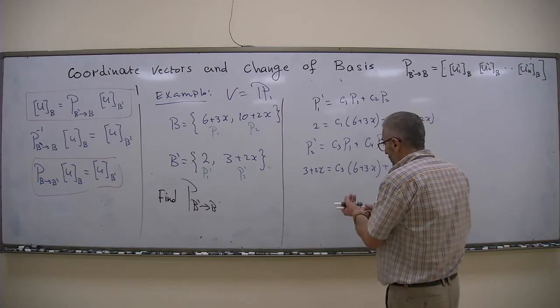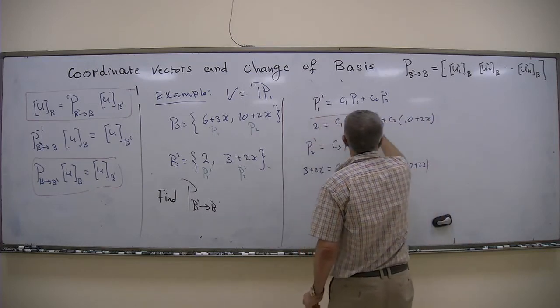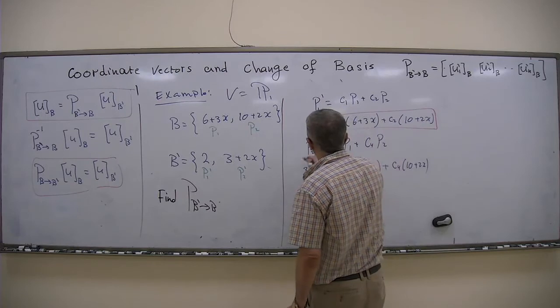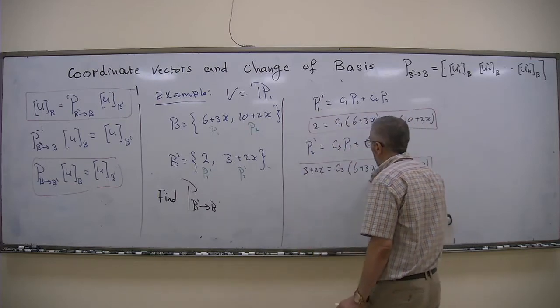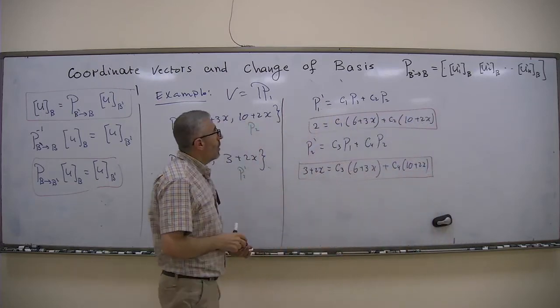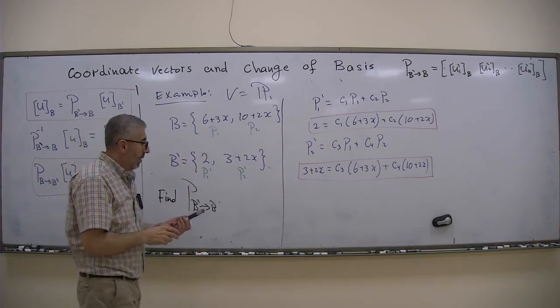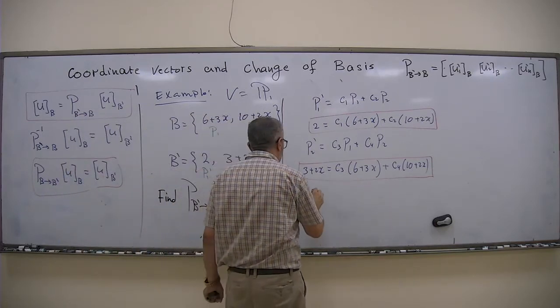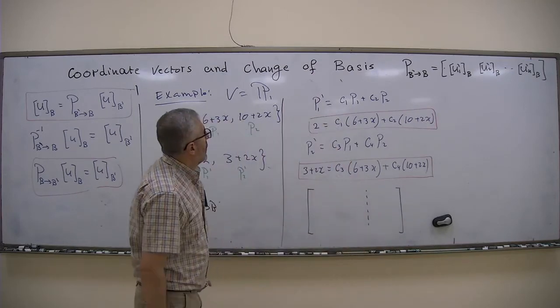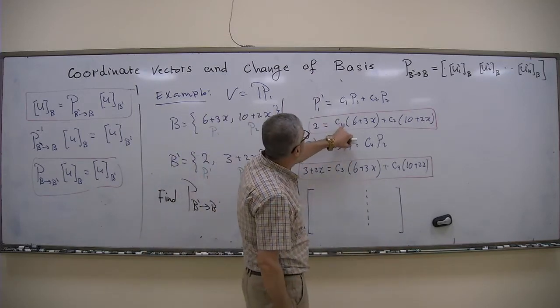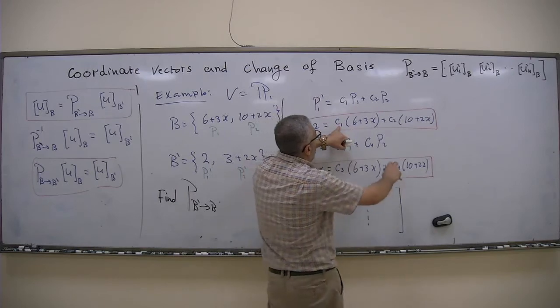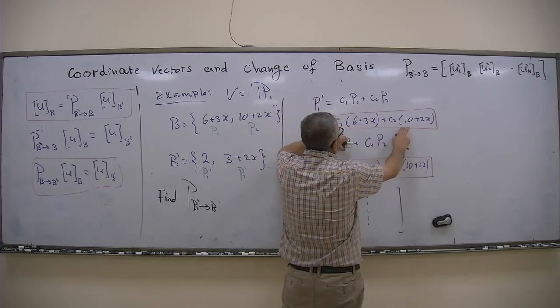Now, from this equation, we get a system, and from this equation, we get a system. Those two systems do the following. From here, what do you get? You get 6C1 and here 10C2, correct?